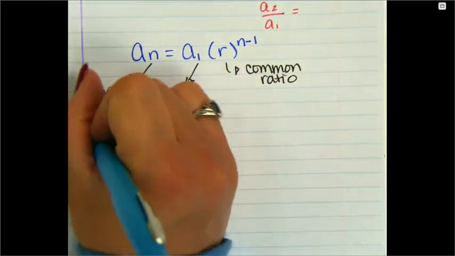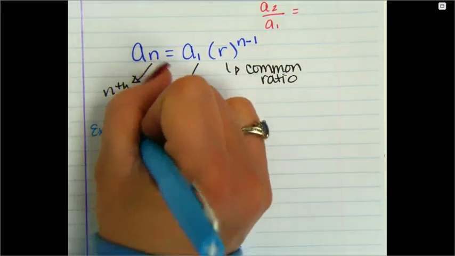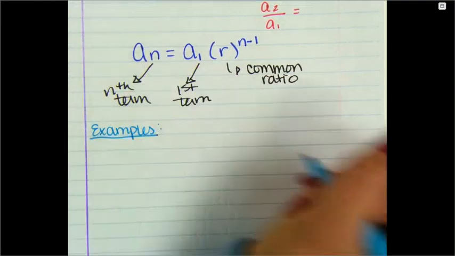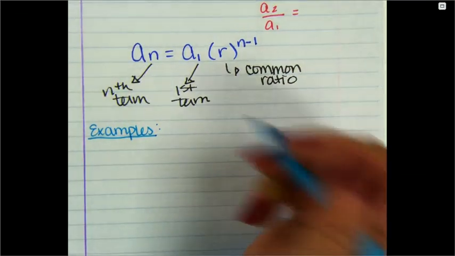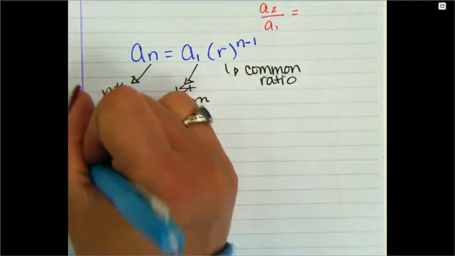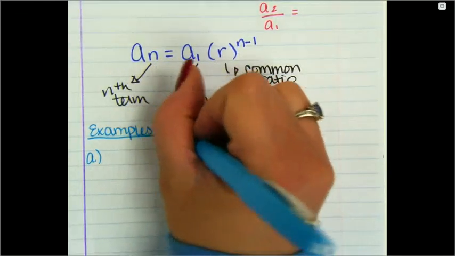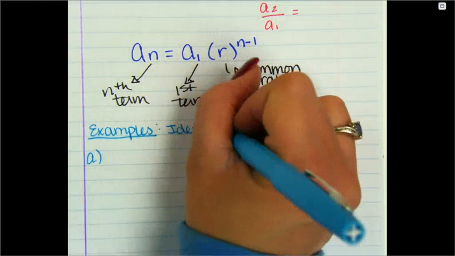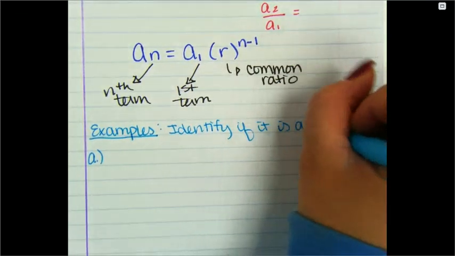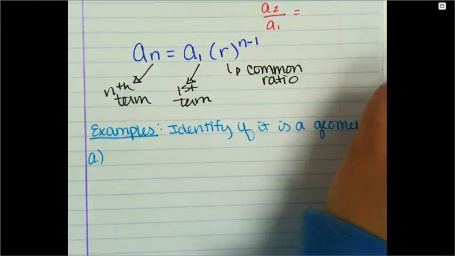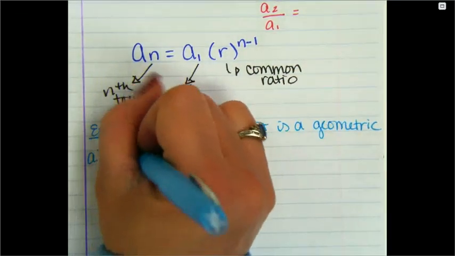All right, so here we go. We're going to do some examples. We wrote this the other day too, yeah? Okay, examples. First one. This direction is going to say identify if it is a geometric sequence.